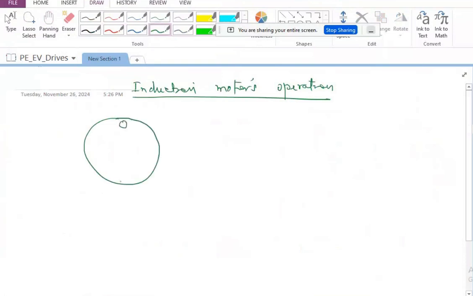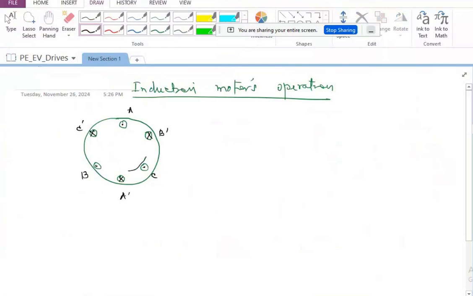Again, that is going to be A dash, B dash, and C dash. So this is the way it is going to be. Let us say this is dot, this is cross, and this is going to be A dash. This is going to be B, and this is B dash. And this is going to be C, and this is C dash.